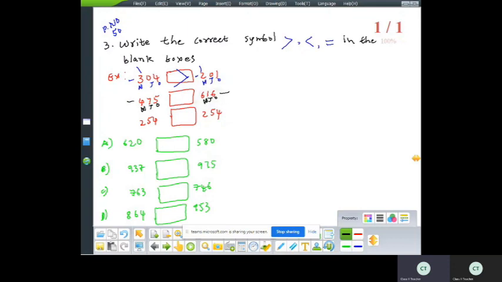First we compare hundreds. The digits in hundreds are 4 and 6. From 4 and 6, which is the biggest one? 6 is the biggest one. Then 616 is the bigger number. Here 616 is on the right side. This is a bigger value.